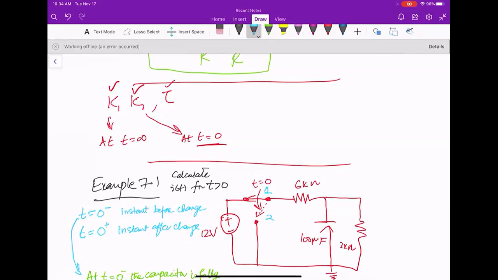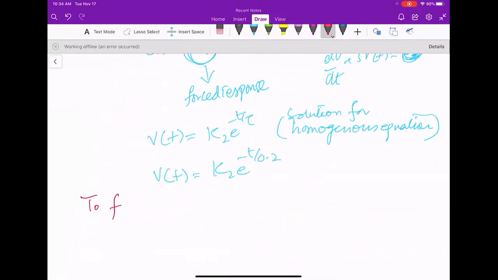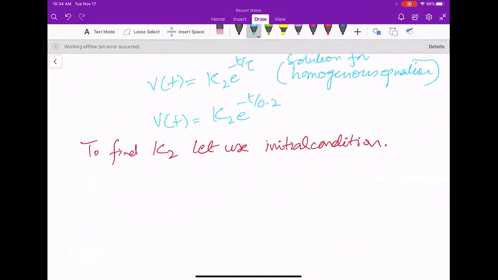Yes, so I need to put in the initial condition to find K2, which was 4 volts. And because the capacitor voltage cannot change instantaneously, that's why we are saying VC 0 minus is equal to VC 0 plus, equal to 4 volts.